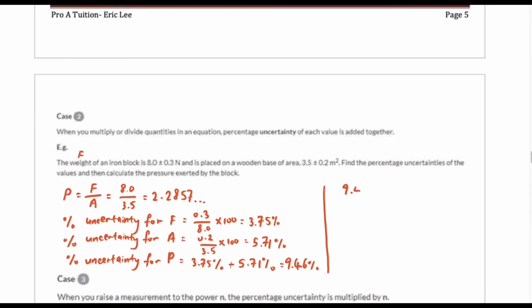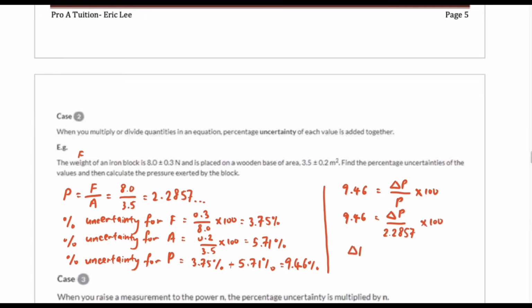the 9.46% that we get is the percentage uncertainty of pressure, which is equal to delta P. Now I look back at the percentage uncertainty's formula, delta P over P times 100. So I substitute the values: 9.46 equals delta P over P, 2.2857, times 100.